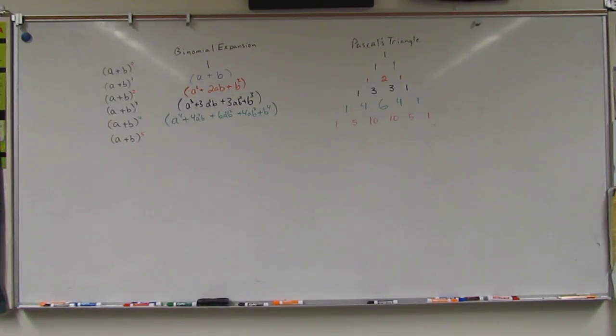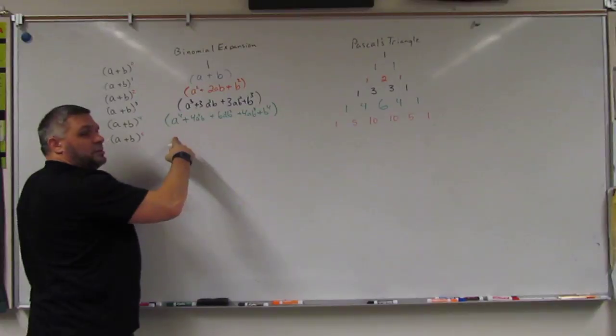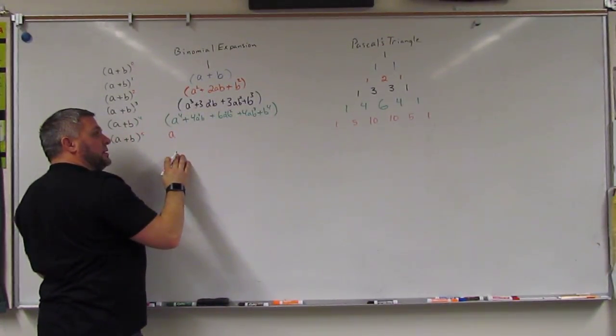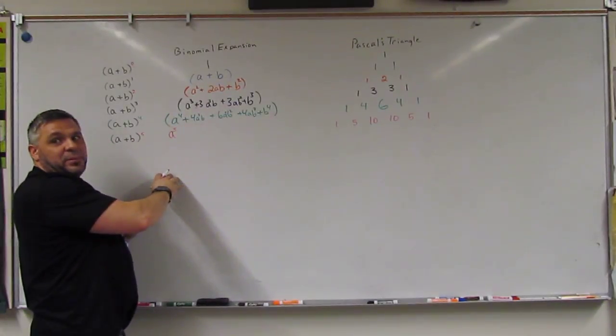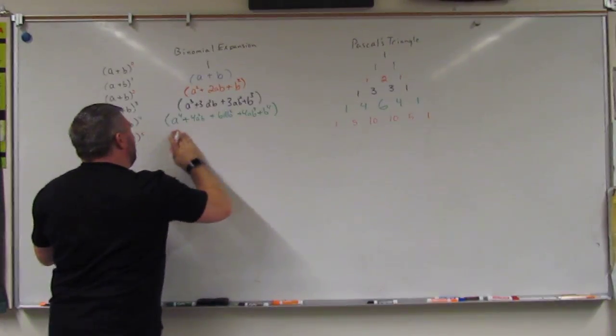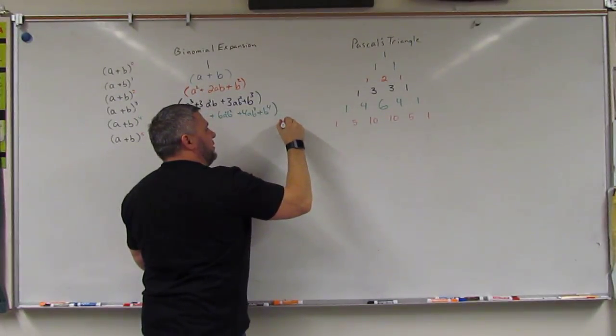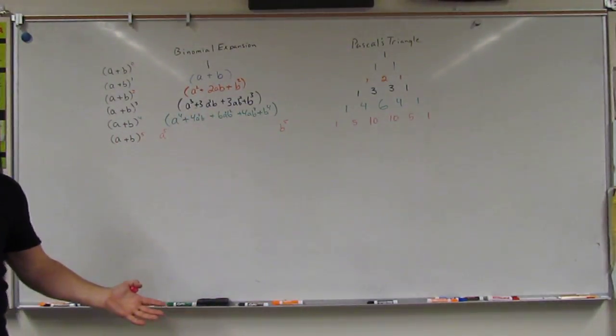Okay? What do you think the next one's going to be? So we're going to have an A to the fifth, right? And let's probably put it out here. And then out here would be B to the fifth, right?